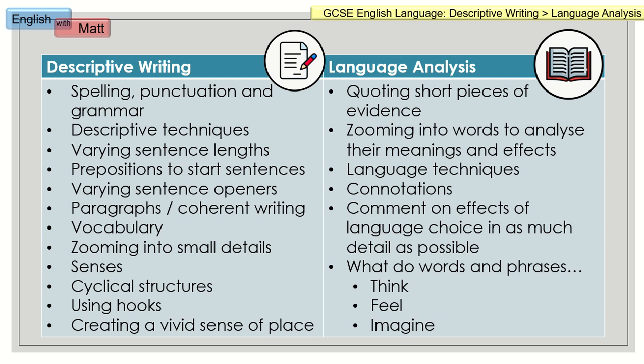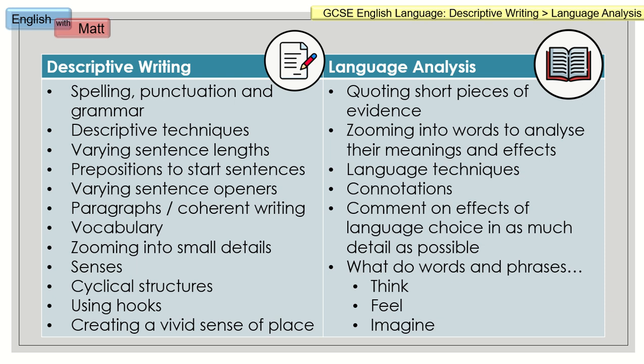With descriptive writing, it really is about creating a vivid sense of place, if it's to do with a setting, or creating vivid imagery. And yes, descriptive techniques are important. Even on the sentence level, the way you begin sentences or the sentence length makes your writing interesting to read. Think about how you begin your piece of descriptive writing or even your story by using hooks, for example, using the senses.